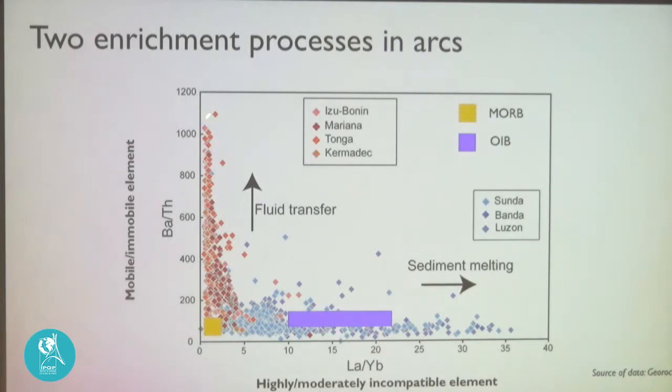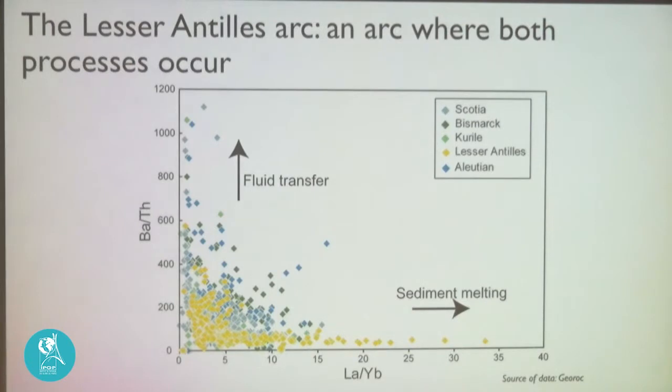This is at the world scale, the range that is observed in arcs. There are two big enrichment processes that are different. In some arcs, there are both. And I wanted to show this figure because there is the Lesser Antilles arc here where both processes occur.